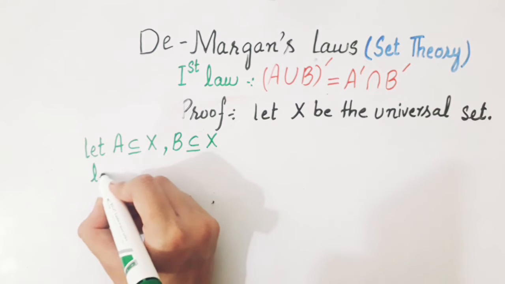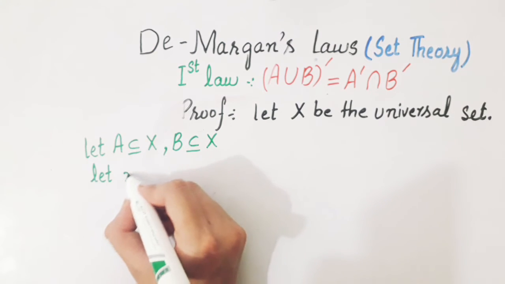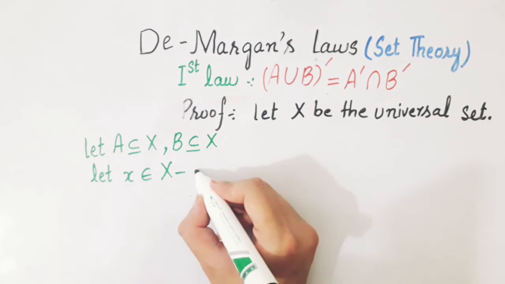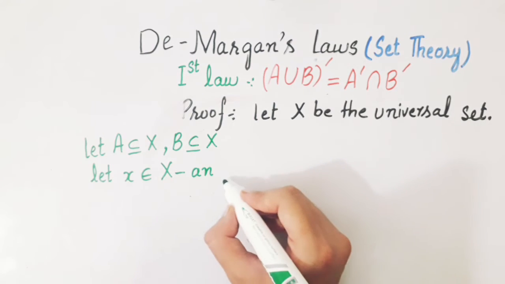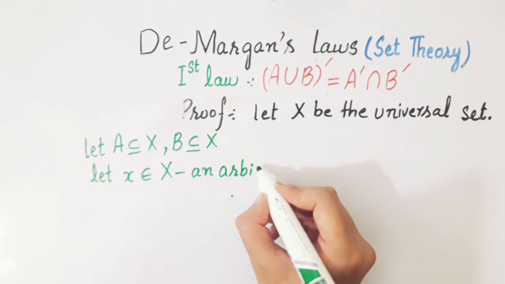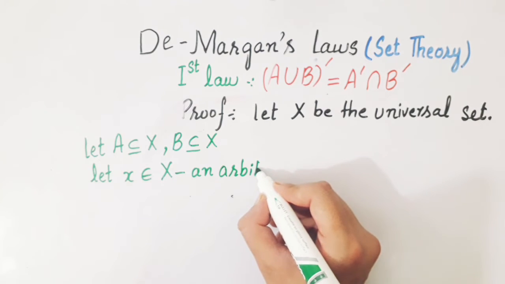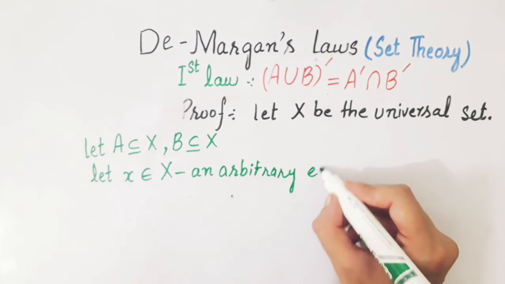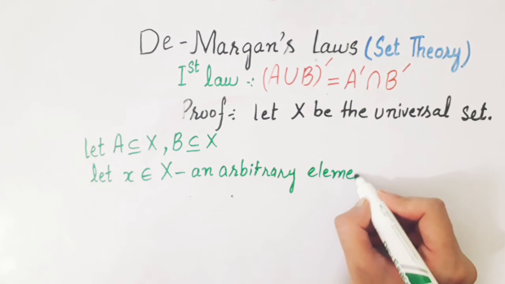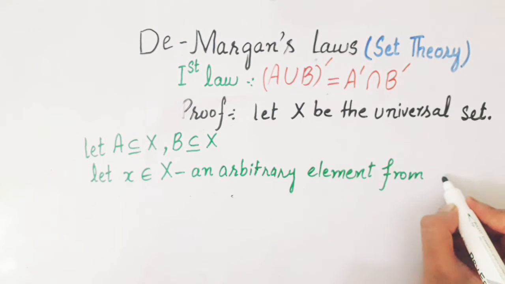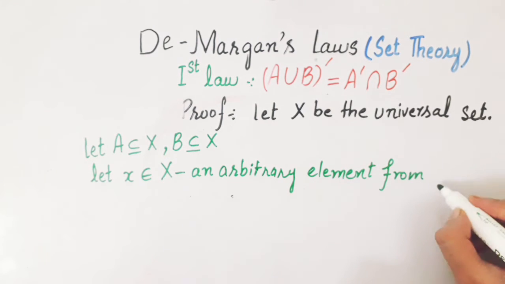Then let small x belong to capital X, where small x is an arbitrary element, meaning any element from the universal set.